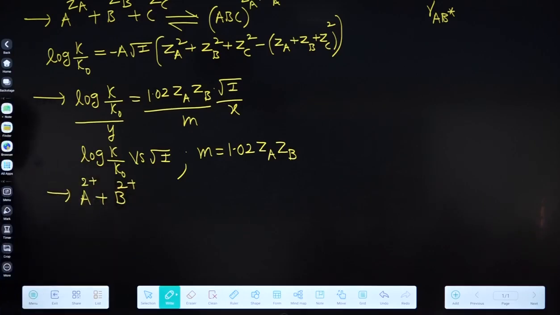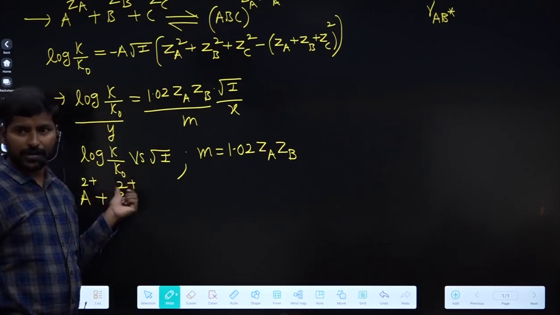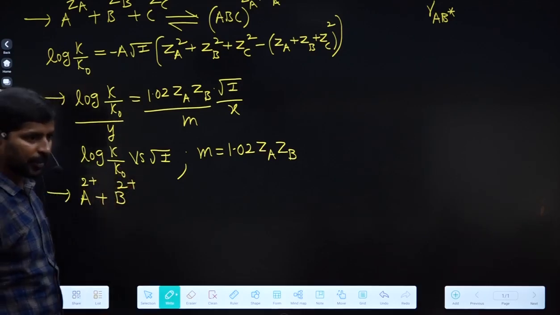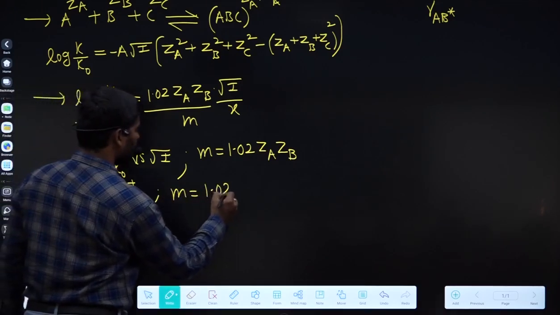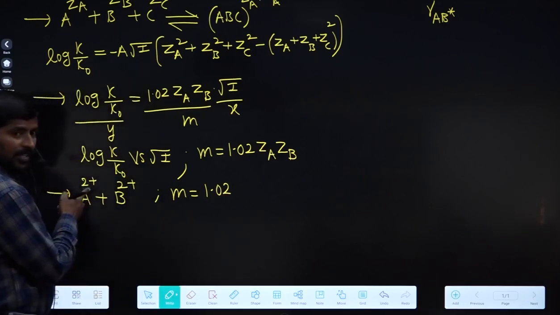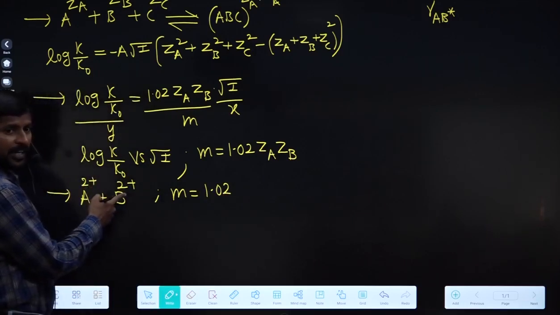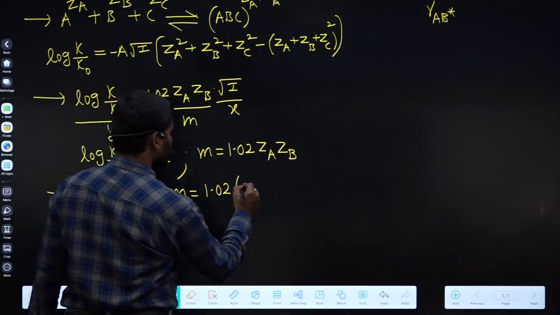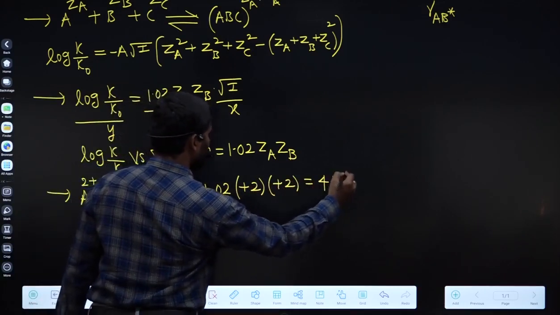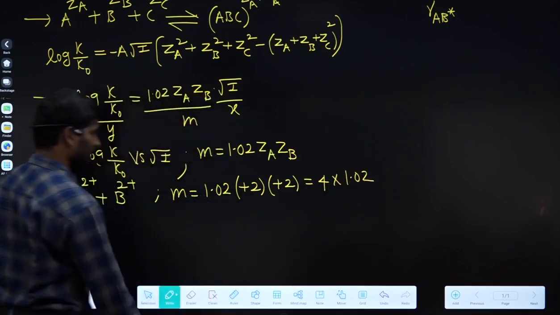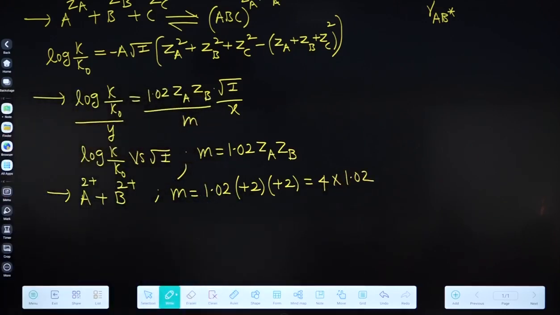I am taking a reaction involving ions of similar charge. Then what about the slope? We will get 1.02, charge number on cation is 2, charge number on anion is also 2. So 1.02 into 2 into 2, therefore 4 into 1.02. So the slope we will get is 4 into 1.02.